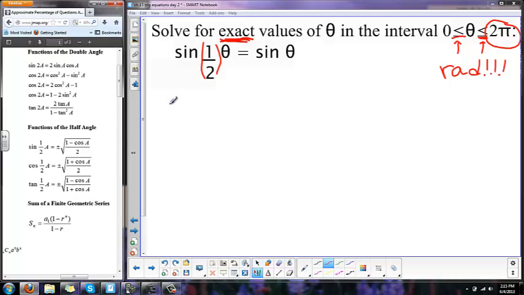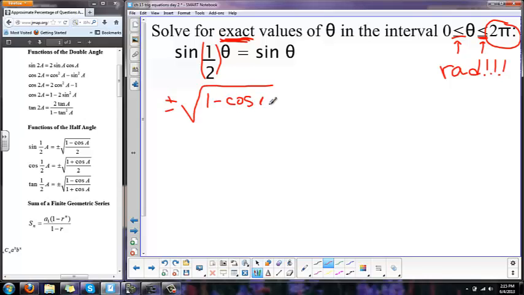So I'm sorry, I'm looking at the wrong one. This is sine. Okay, so sine of 1/2 theta is equal to the positive or negative value of the square root of 1 minus cosine theta divided by 2, and that's equal to sine theta. Okay?